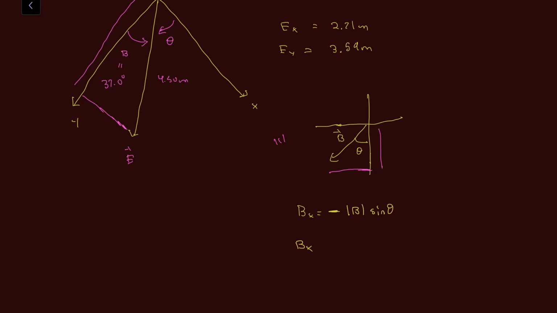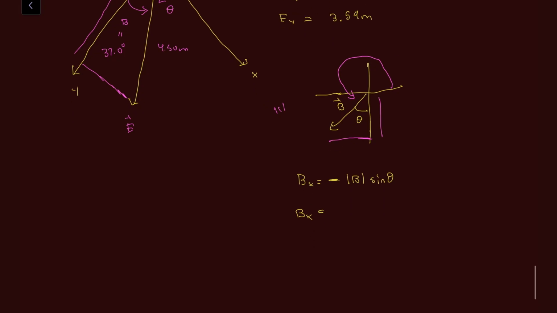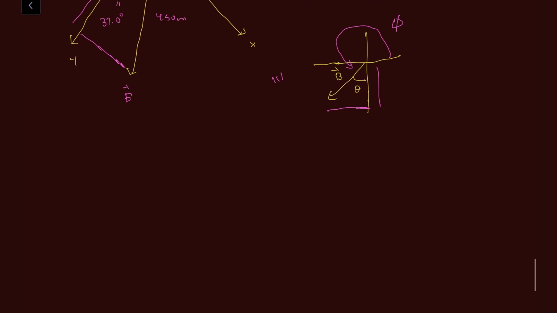However, if you were to use the classical definition of an angle, for example, let's say I calculated the angle all the way from the positive x-axis to the vector, and let's call that phi. If I solved this problem using the classical angle and the classical definition, Bx would look like this, and I wouldn't need to include this negative sign, because the classical definition will always get you the correct sign and the correct magnitude. So that's just one thing, super important to keep in mind.